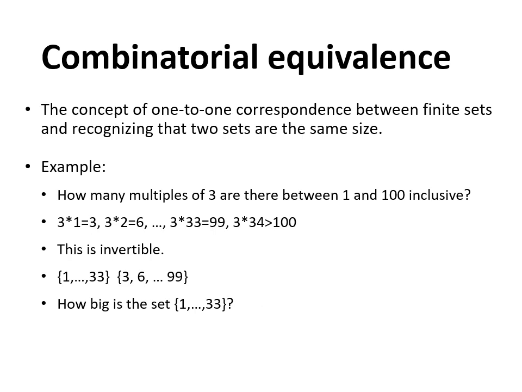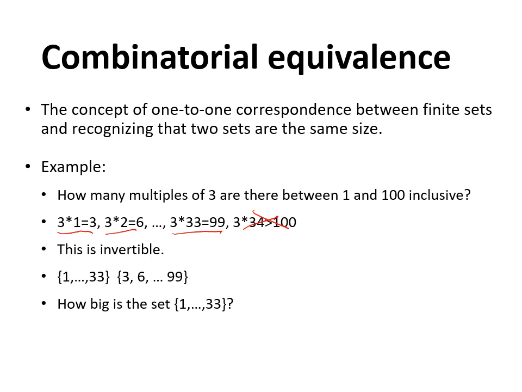So we can try to enumerate them. They have to be divisible by 3, so 3 has to be one of the factors. So we have 3 times 1 is 3, 3 times 2 is 6, all the way to 3 times 33 is 99, and 3 times 34 is greater than 100, so we exclude those.